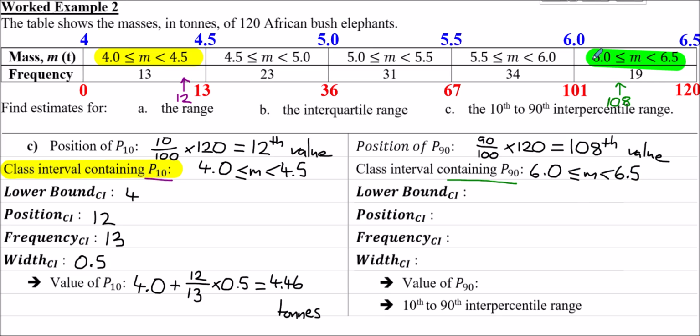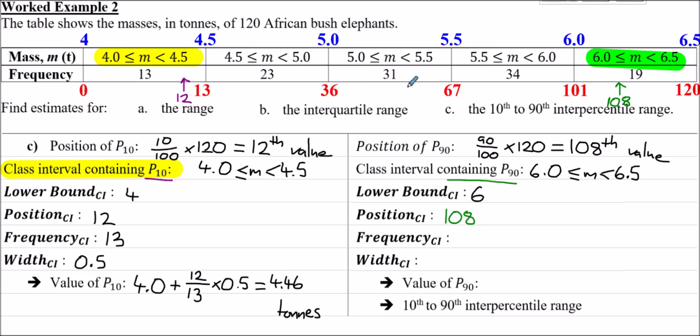The lower bound of this class interval is at 6, or 6.0 if you'd prefer, and the position of the 108th value, the position of P90 within this class interval, is going to be 108 minus 101, which is where this class interval begins after. It begins after 101.